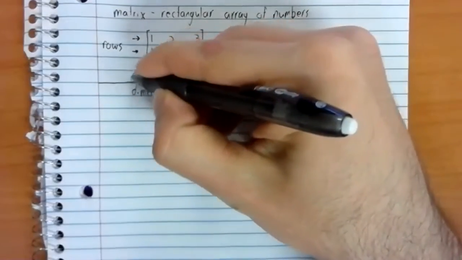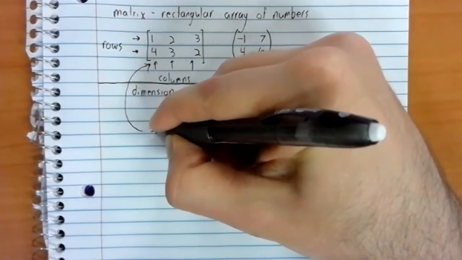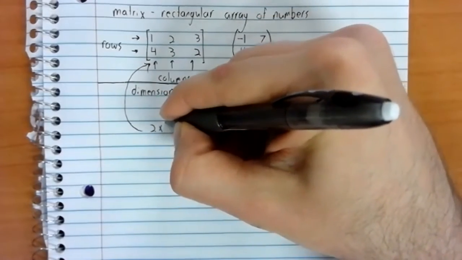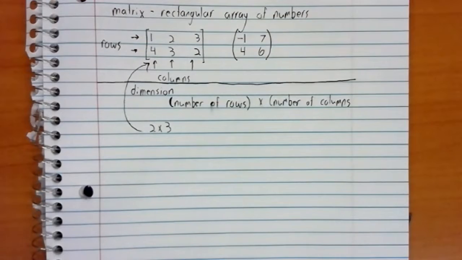So for example, this is a 2 by 3 matrix.